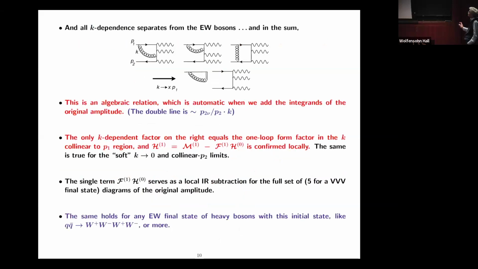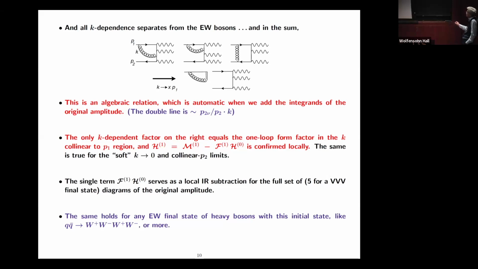And what happens is that when you add those pieces together, you get a lot of cancellations, and in the sum, you get this factorization. And this is an algebraic relation, which is automatic when we add the integrands of the original amplitude. So this is kind of nice.